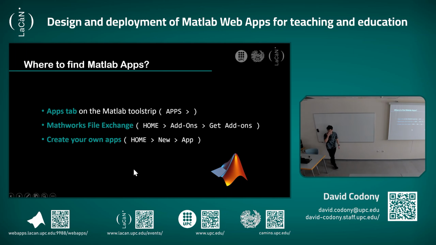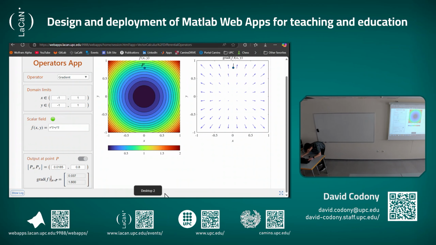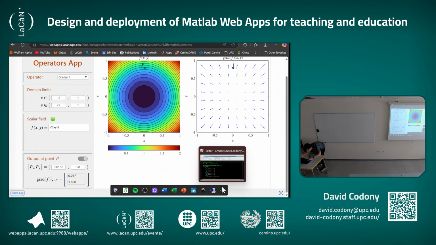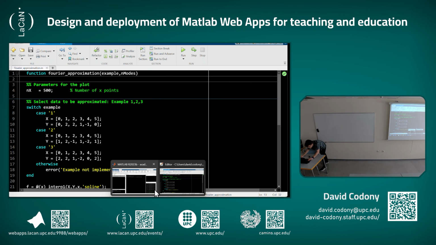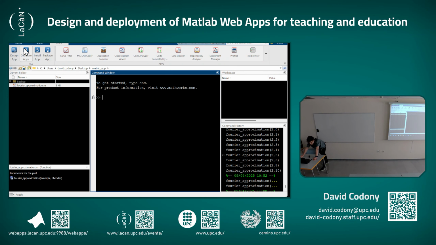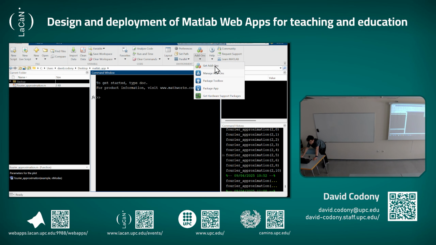Second, you can go to the MathWorks file exchange, which is this platform Matlab has to share Matlab code between users, and maybe some other user of Matlab already implemented that. So, again, if you go to Matlab, right here, if you go to Home and then Add-ons, Get Add-ons, you have a list of Matlab files that are there in the Matlab community.